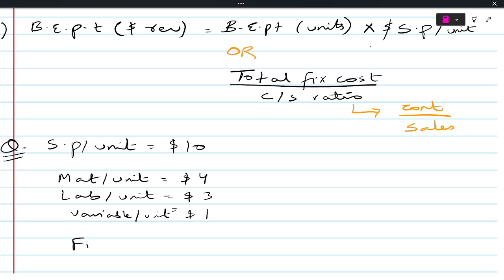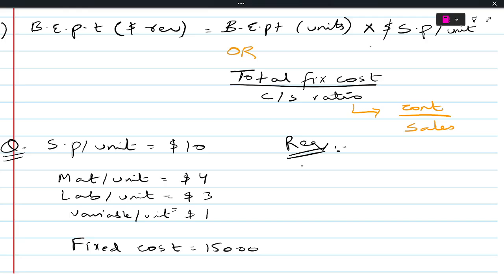And like I said, fixed cost will always be given to you in the question. So let me give you the fixed cost also in my own question. That's going to be 15,000. These are just random values; I'm just trying to make a question. And what are you required to do in the question?